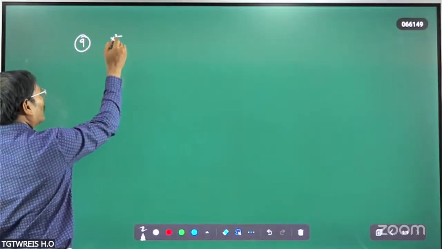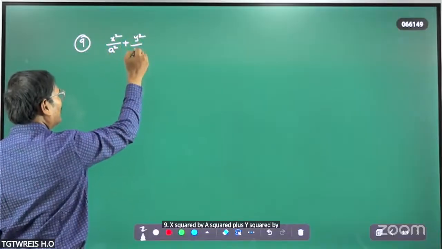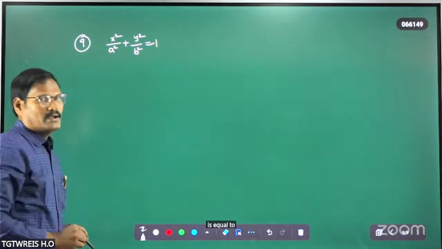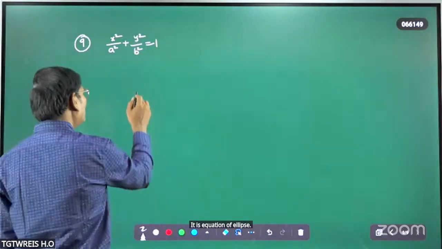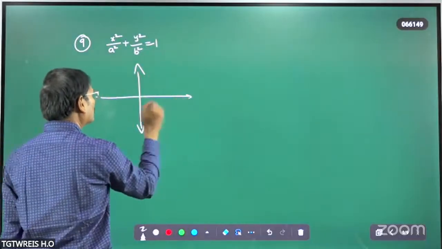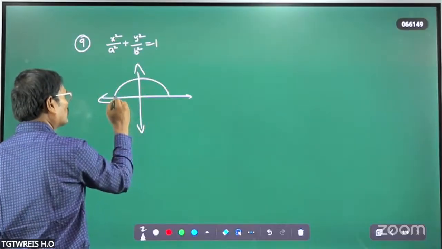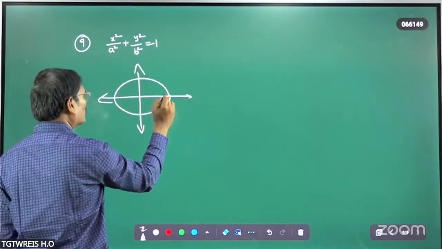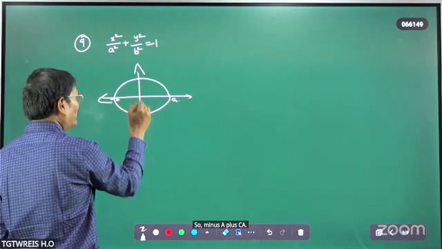Nine. X square by a square plus y square by b square is equal to 1. It is the equation of an ellipse. So minus a, plus a, minus b, plus b.